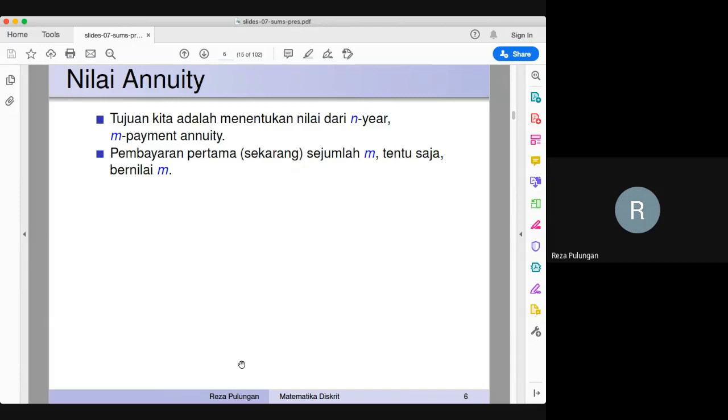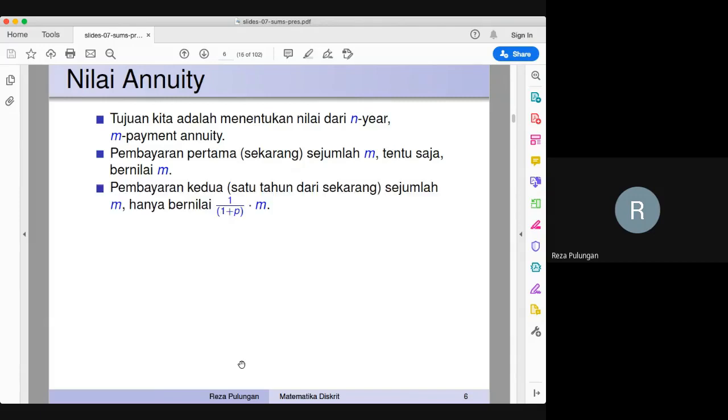Because this is paid right now, the value will be M. The second payment will be 1 year from now. How much will be paid? M. But like I said before, the value of this will not be M. The value will be equal to 1 divided by 1 plus P multiplied by M.